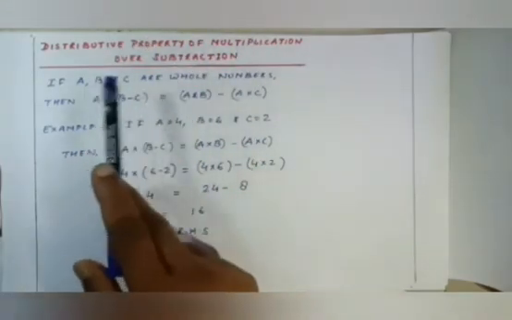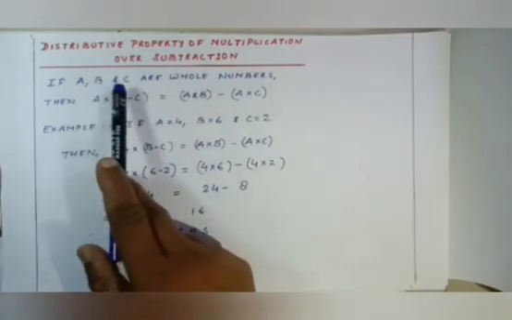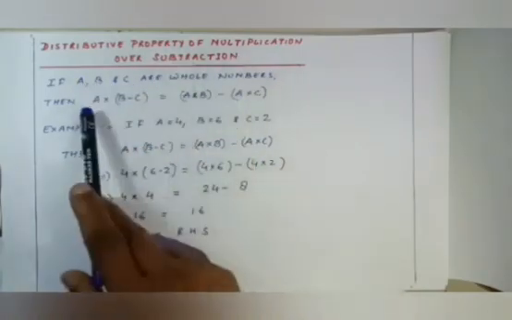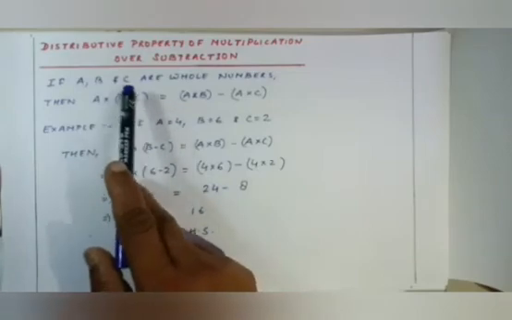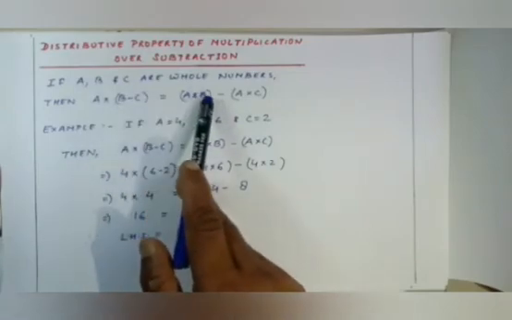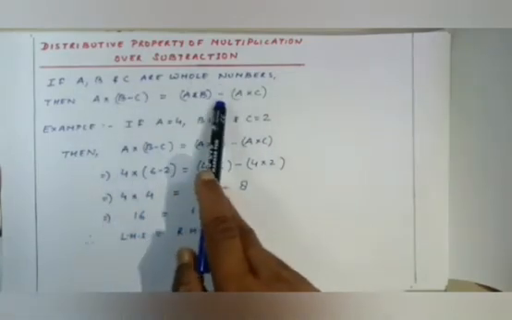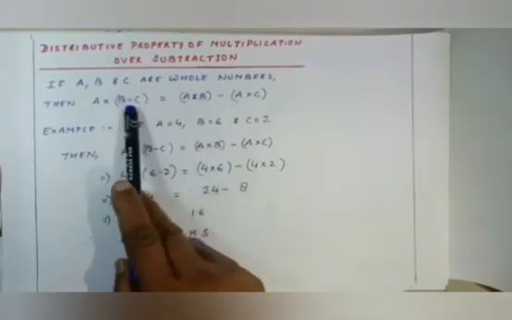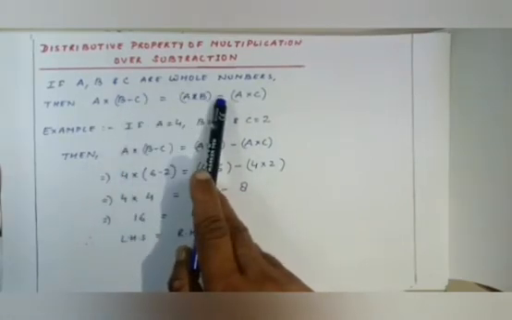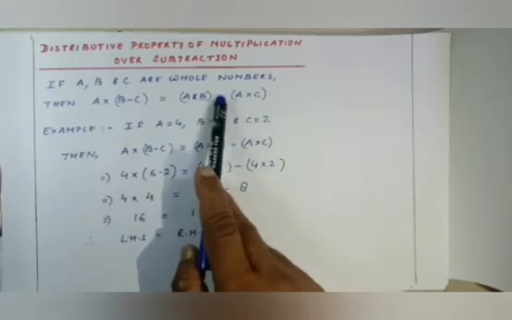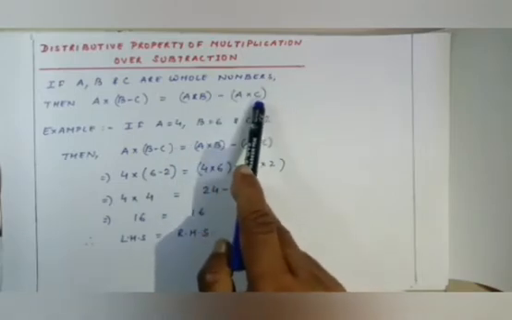Let us see what it says. If a, b and c are whole numbers, then a into b minus c in one bracket is equal to a into b in one bracket minus, because of this minus sign, a into c in one bracket.